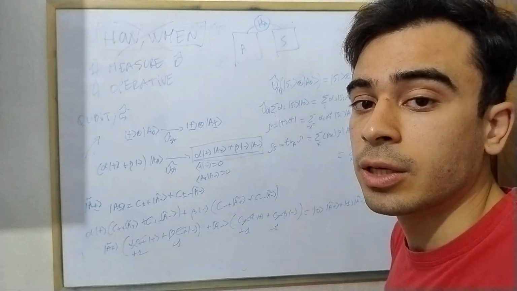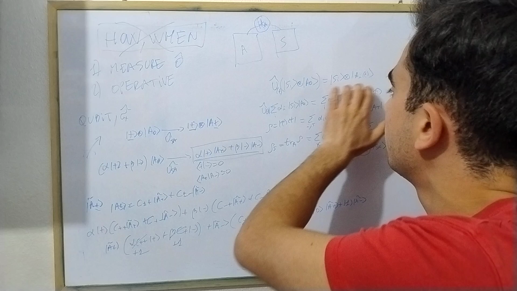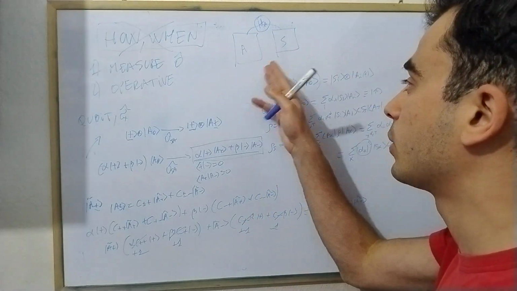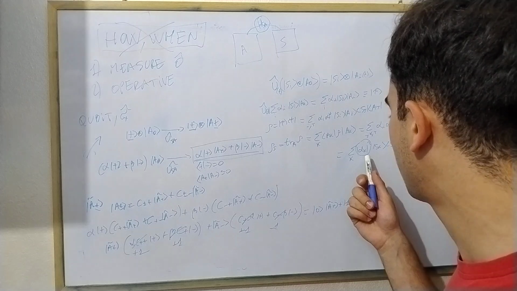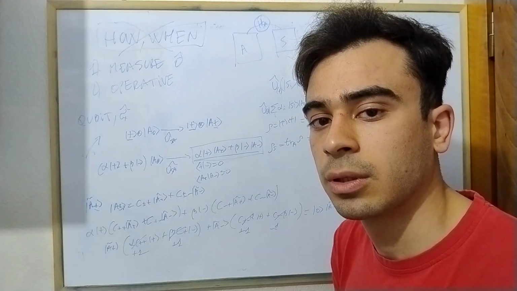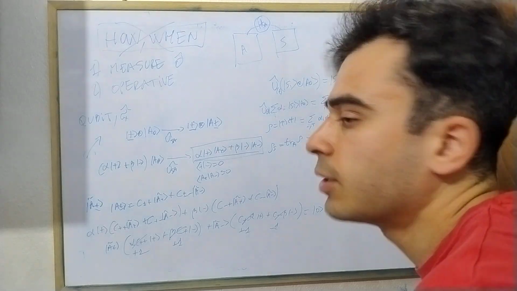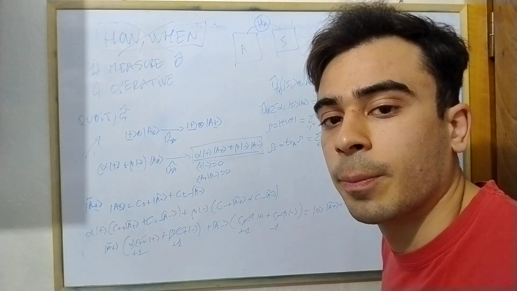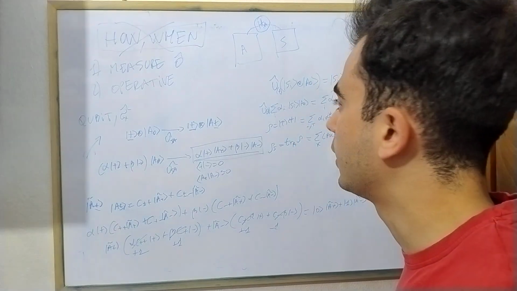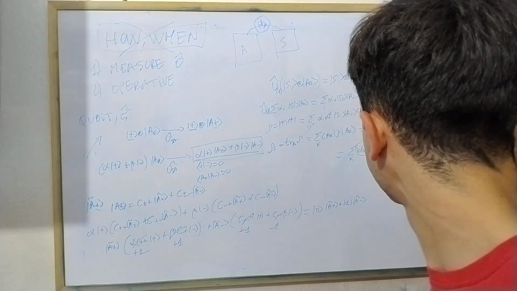So what we conclude is that if this is the way the apparatus and the system interact, then the probability of finding each state of the system does not change in time, and this is a reasonable property that we expect in a measurement process.